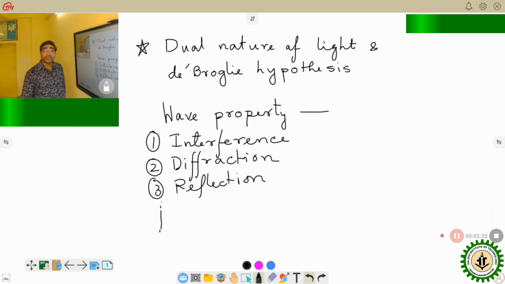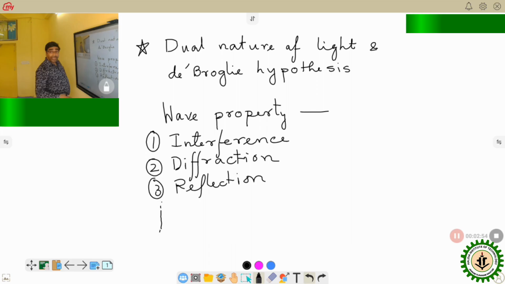There are so many phenomena we have explained based on the wave properties of light, and I have mentioned a few of them where we use light as a wave.